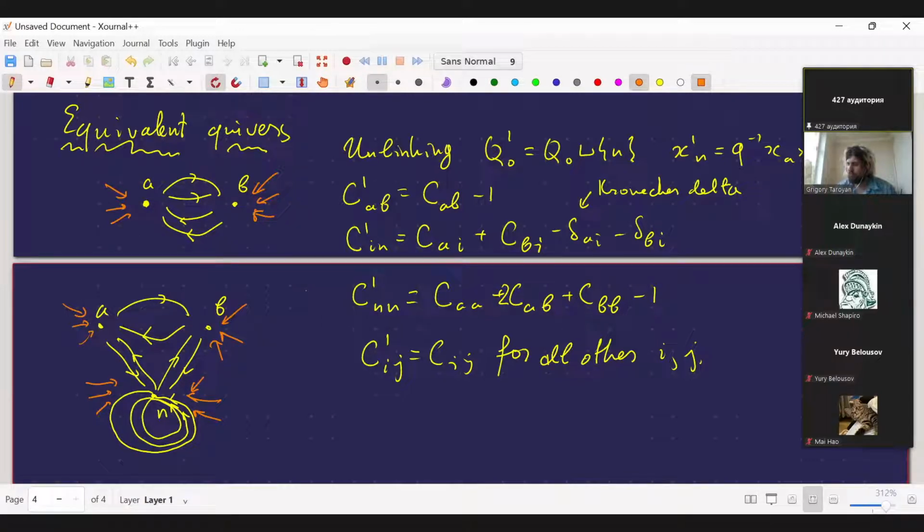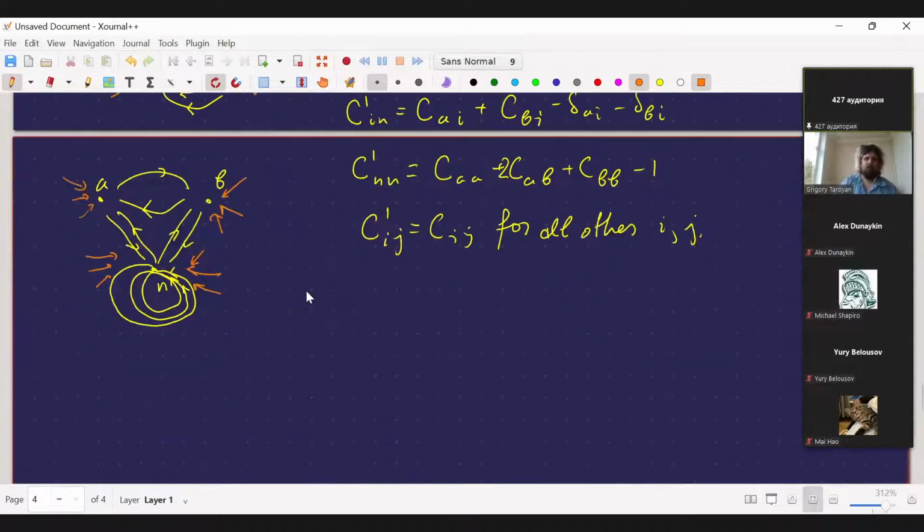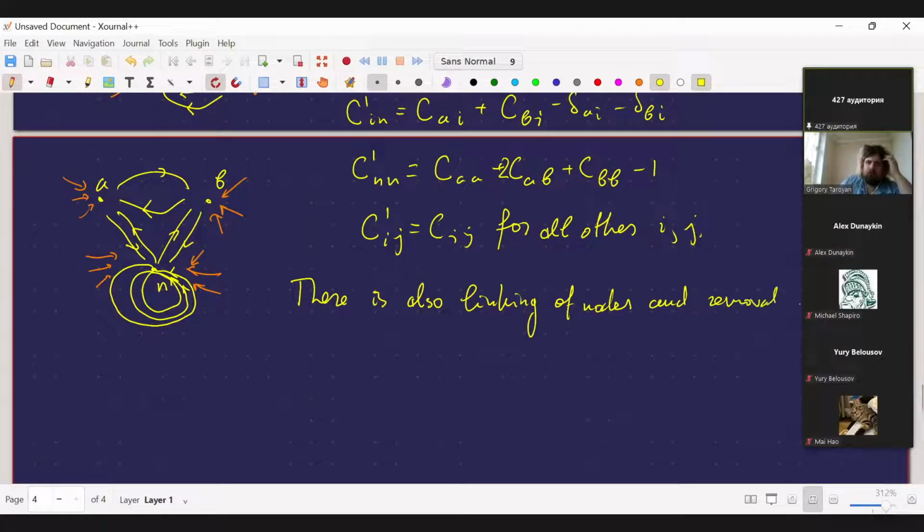Or maybe since I only have limited time, maybe I should skip this part and tell something about the Newton polynomial. So let me just briefly mention redundant vertices.